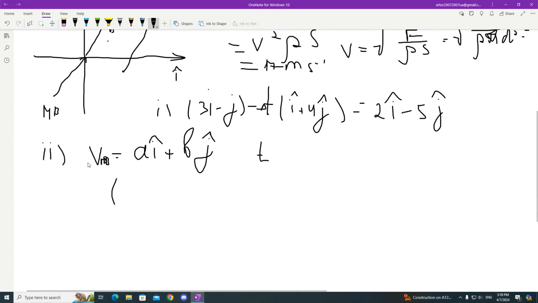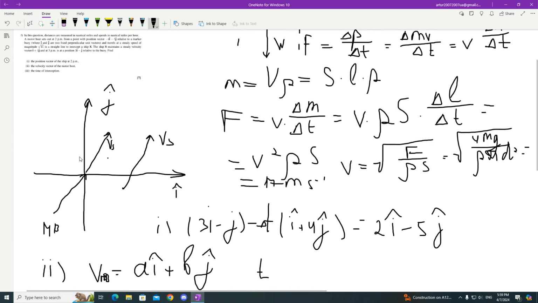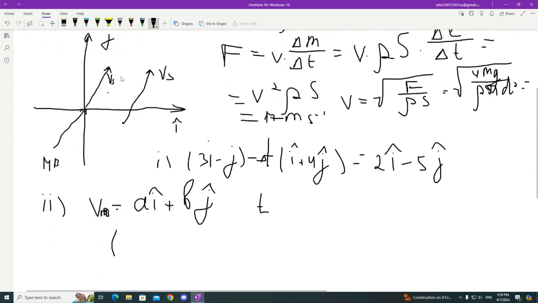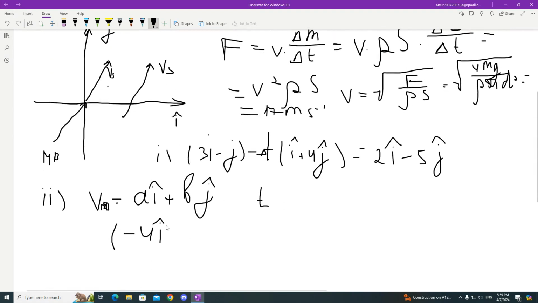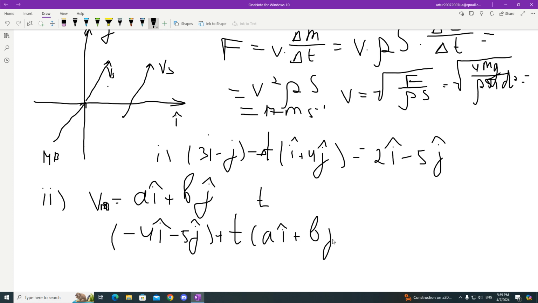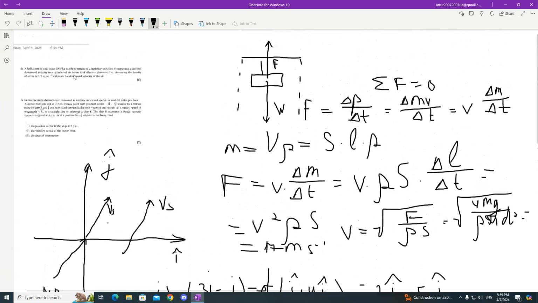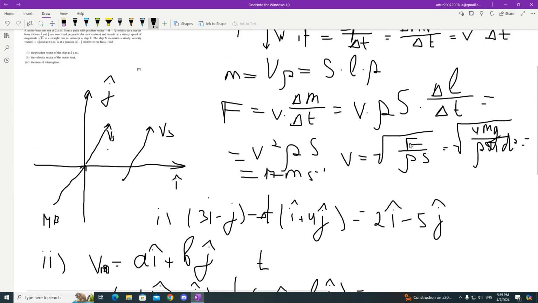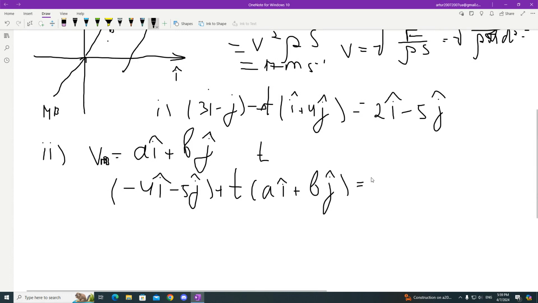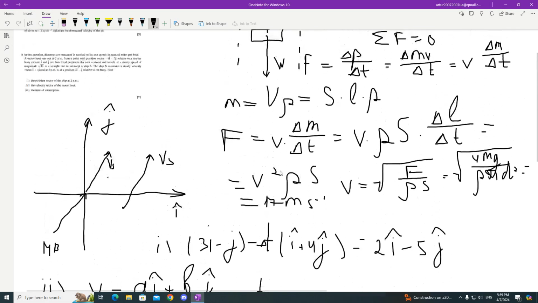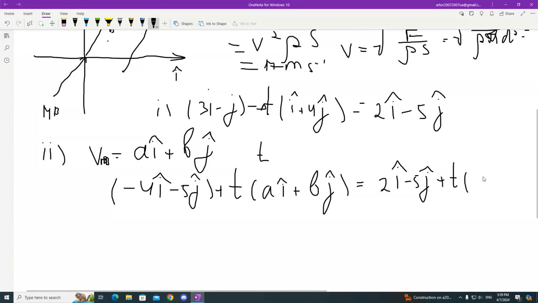The initial position at 2 p.m. of the motorboat is minus 4i minus 5j plus t times (ai plus bj), and it's equal to the initial position at 2 p.m. of the ship, which we counted, 2i minus 5j, plus t times its velocity, and the velocity of the ship is i plus 4j.